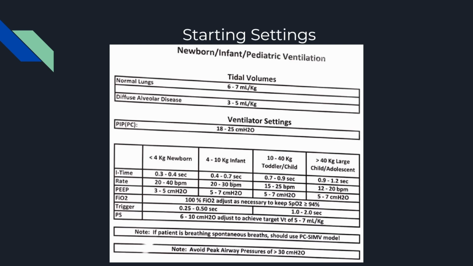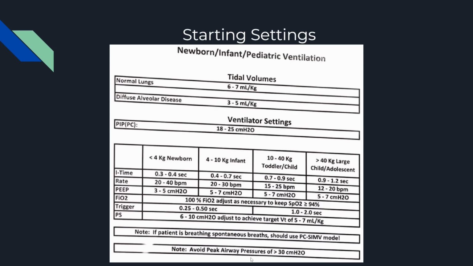And then here are just settings for the various age groups. It's pretty self-explanatory. You'll see that newborns get less PEEP because their lungs are a little more pliable. Their inspiratory times you want to be a little bit less because they breathe faster. Their rates are also higher because their natural breathing rate is higher.